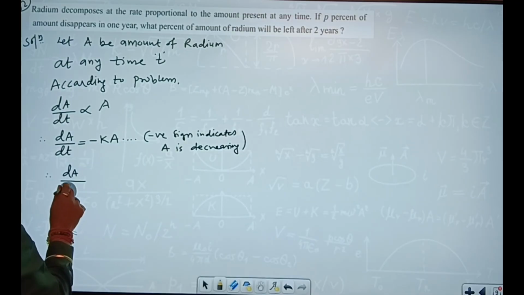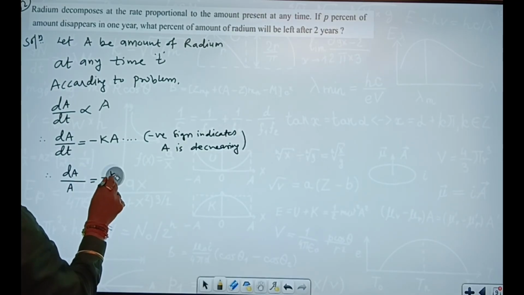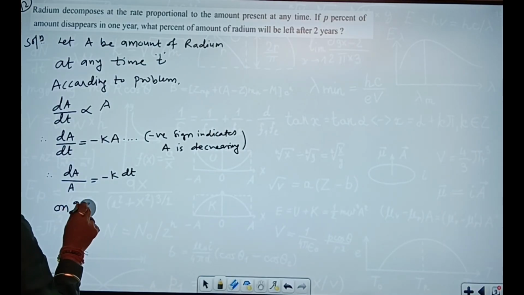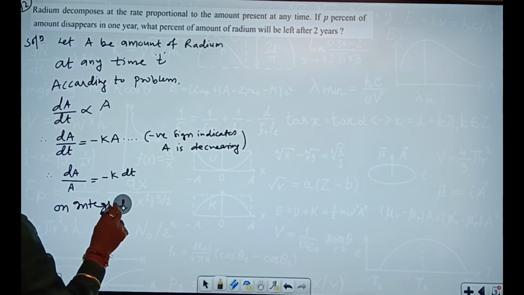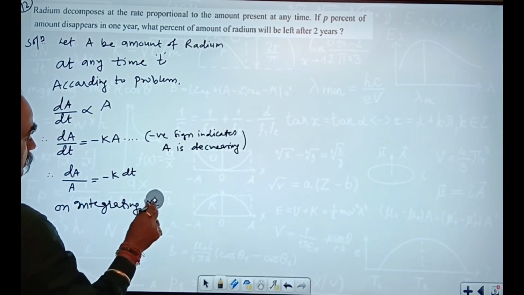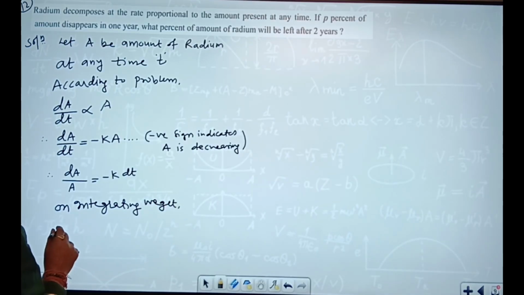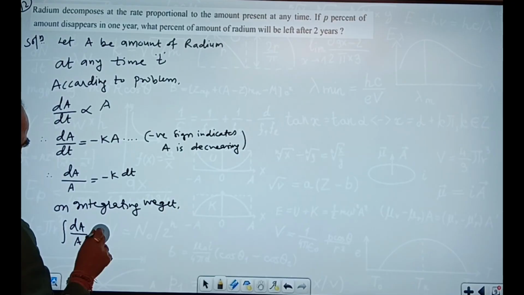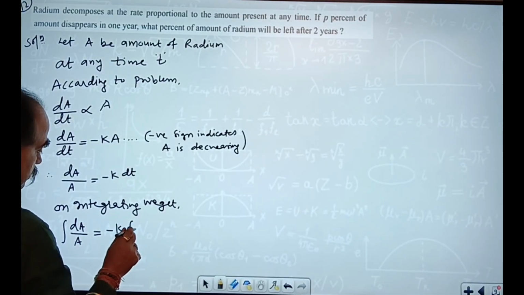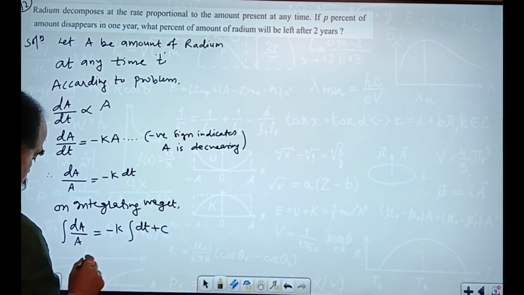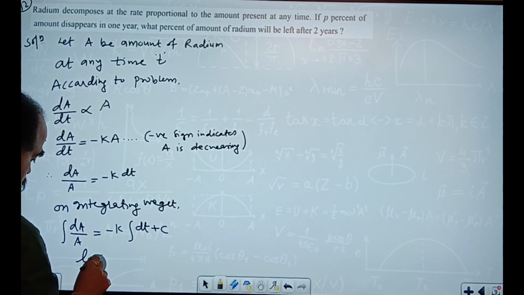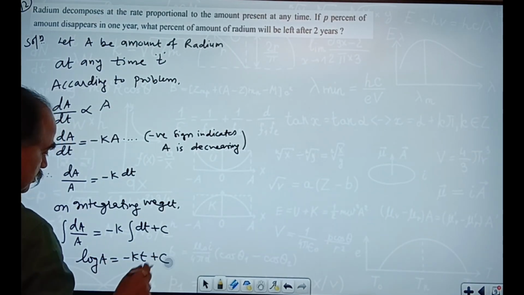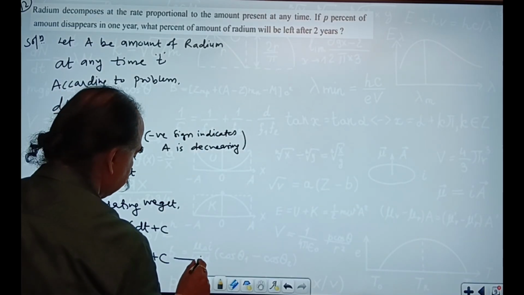So dA upon A, on integrating we get log A is equal to minus Kt plus C, equation number 1.